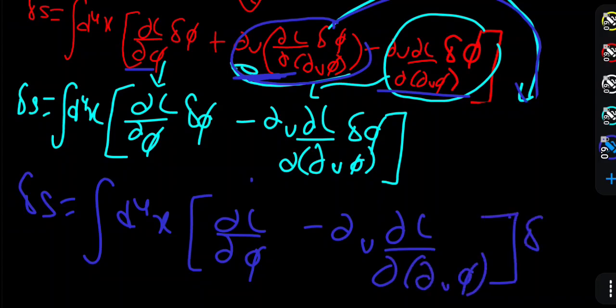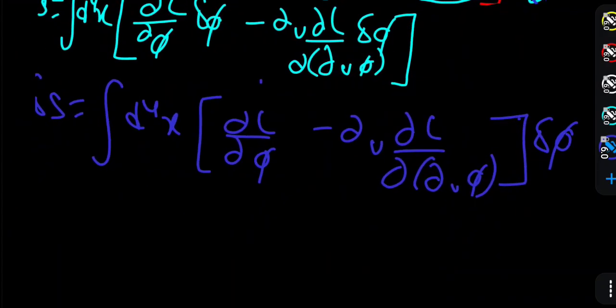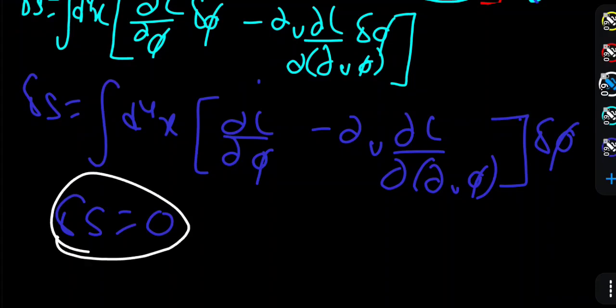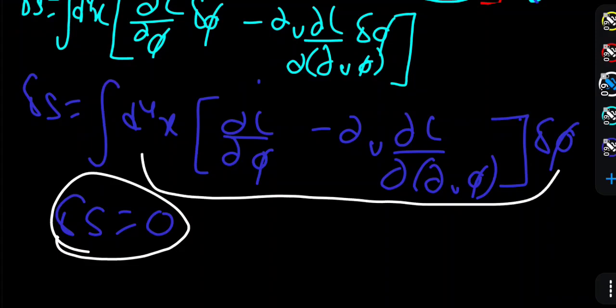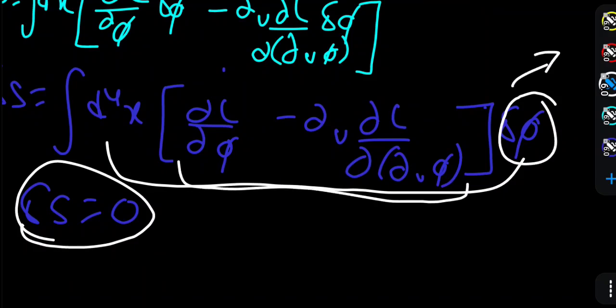Here I have taken common the small variation in φ. What I have written is that the small variation in S should be equal to 0. It means this particular thing goes to 0. There are two ways: first, δφ should be 0, or second, this particular quantity should be 0. Yes, we are going to write this here.